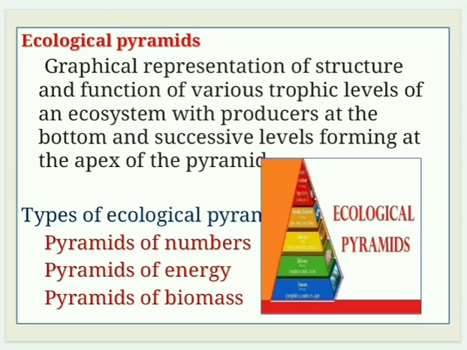Trees will be maximum in number in a forest, so they contribute huge biomass. Then herbivores and carnivores are less in biomass. Last are tertiary consumers, for example tigers, whose biomass is very low.